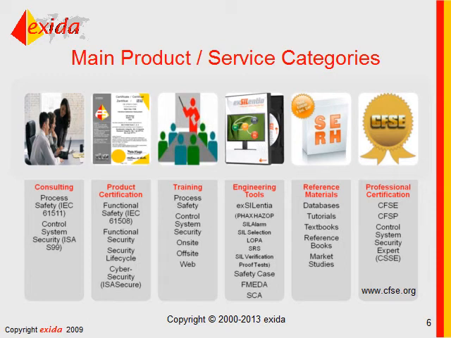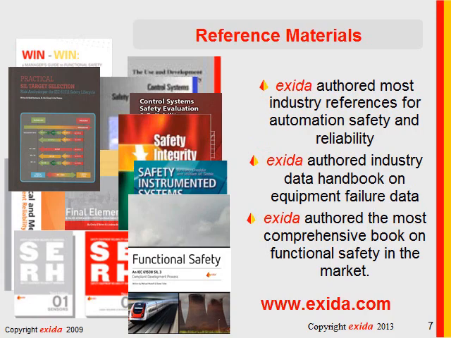exida does systems level consulting. We have a significant product certification and professional certification group. exida does a lot of training, and we supply engineering tools and reference materials. And it might seem like a lot of diverse activities, but all of our activities are oriented toward functional safety, reliability, and cybersecurity.